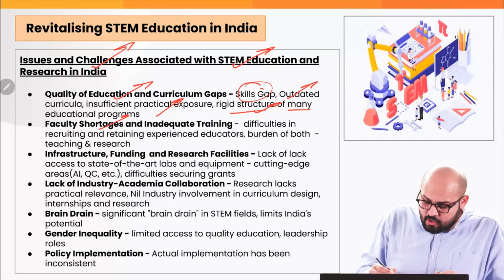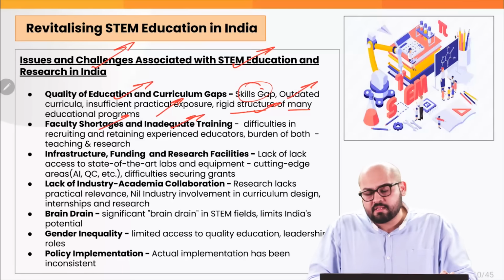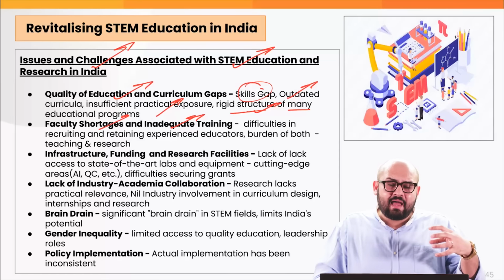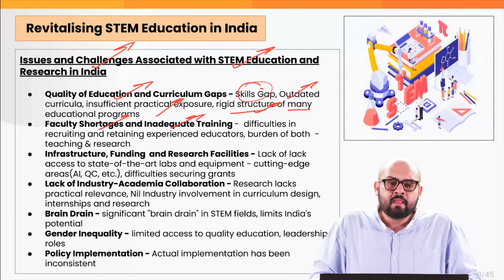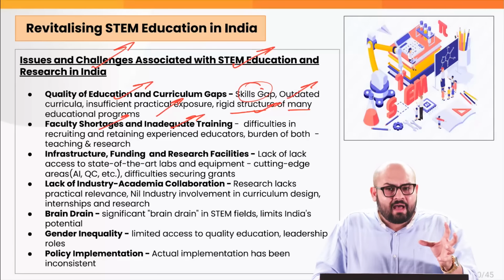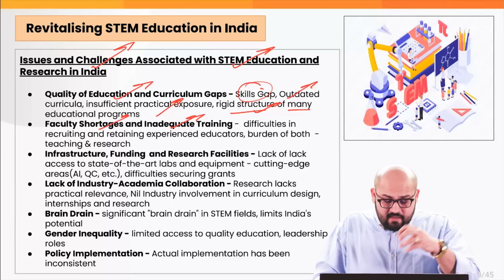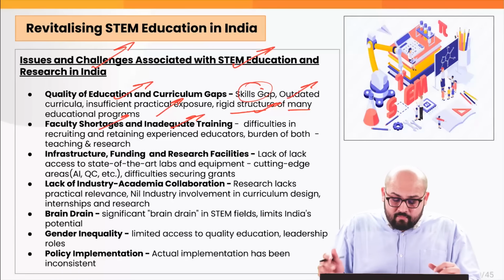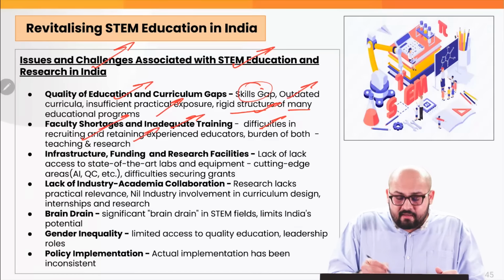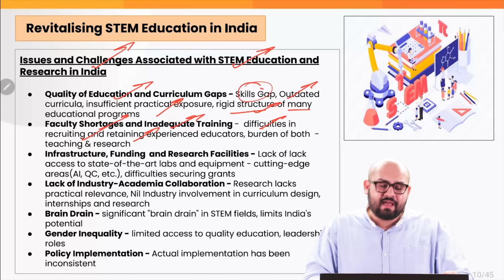Next is faculty shortages and inadequate training. See, we already have fewer students in the country who are expert in this particular domain. So ultimately that is the pool from where we'll get the faculty. So we have a shortage of faculty in this particular domain. And again, there are difficulties in the recruitment and retention of experienced educators.